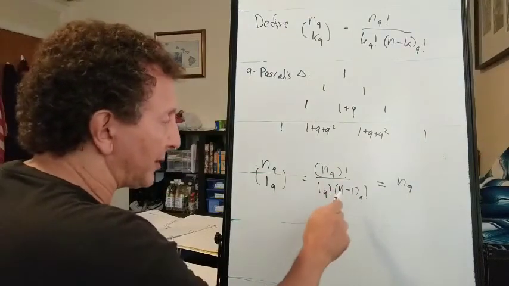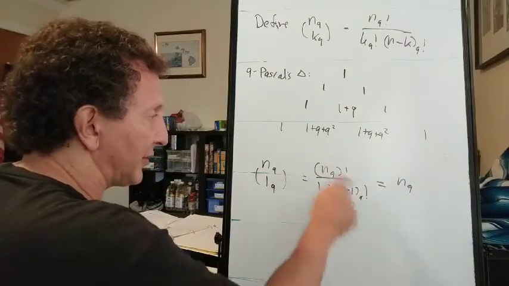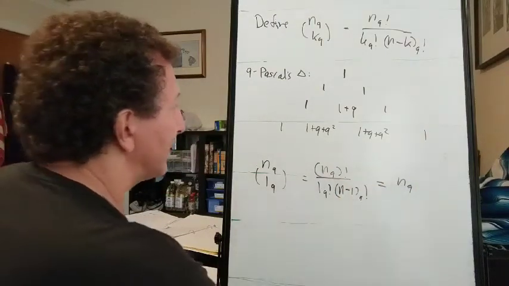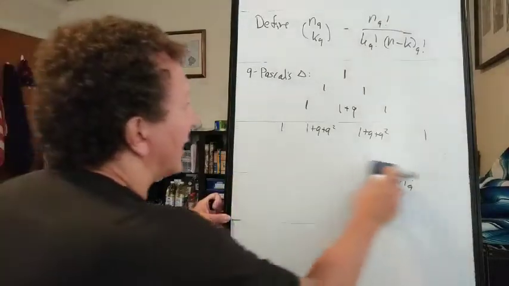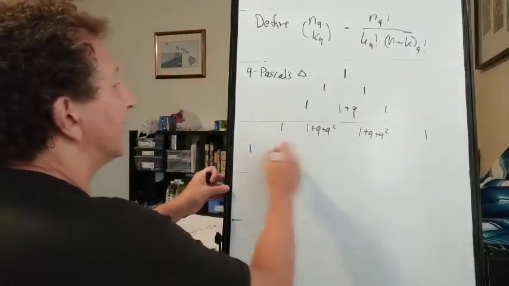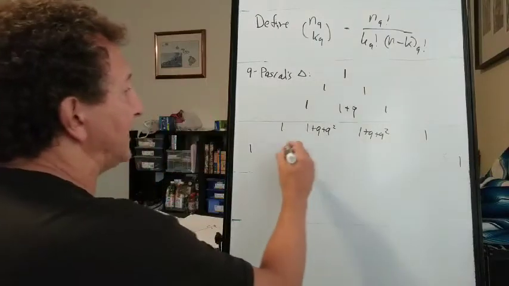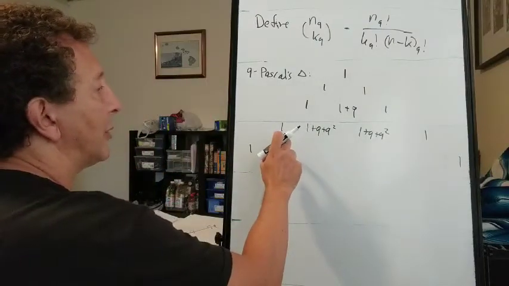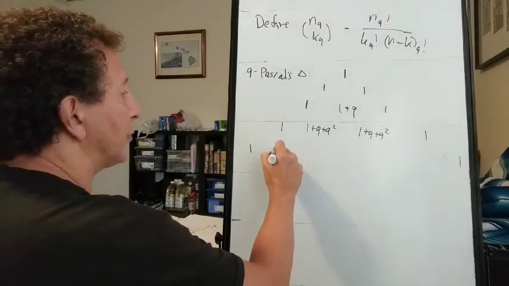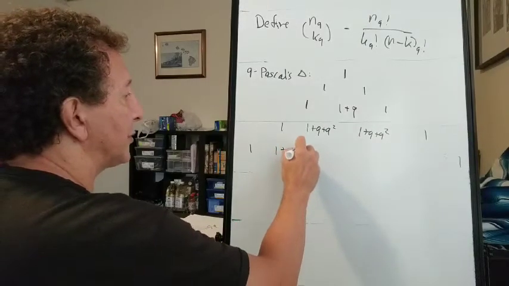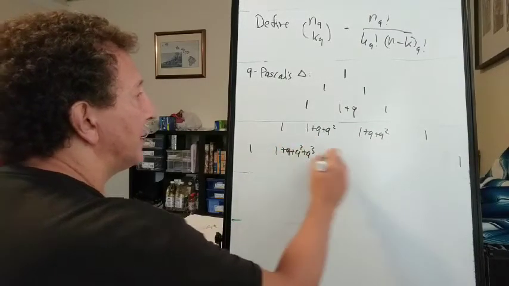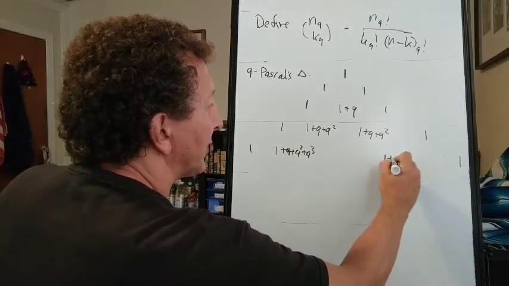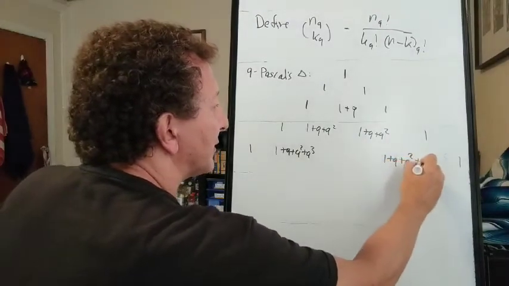Because quantum n minus 1 is going to cancel, quantum n minus 2 is going to cancel, etc. So we're just left with quantum n. So I guess we can continue one step down pretty easily, because this is going to be quantum 4 choose quantum 1. So that's 1 plus q plus q squared plus q cubed. And then over here, the same.